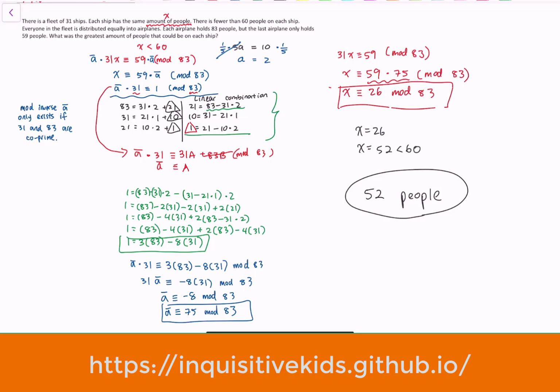After using the Euclidean algorithm, we used a linear combination in order to rewrite our 1 in terms of 31 and 83. Because if we rewrite 1 like that, in the end we can reduce and isolate x.